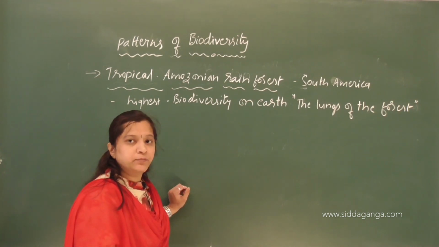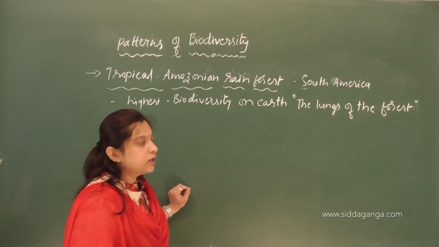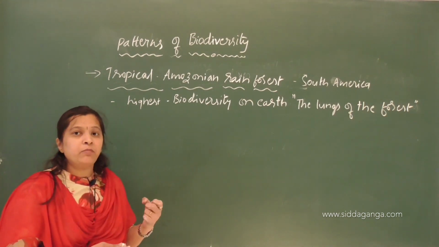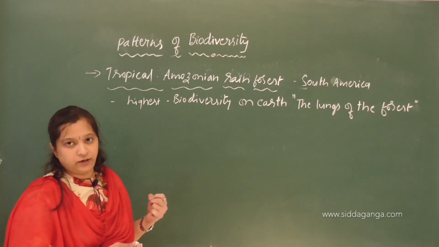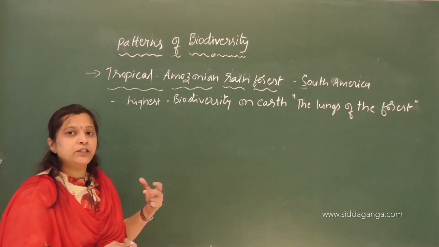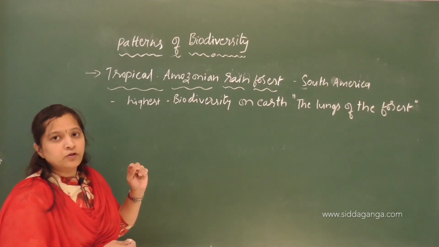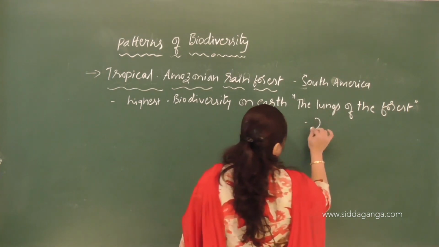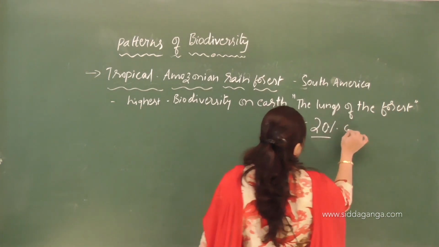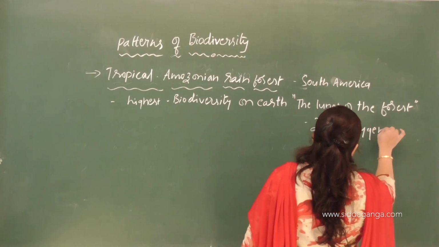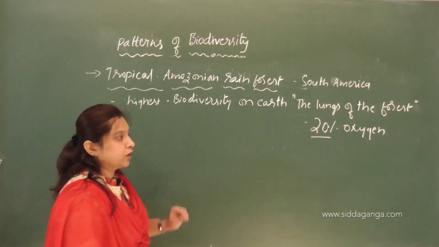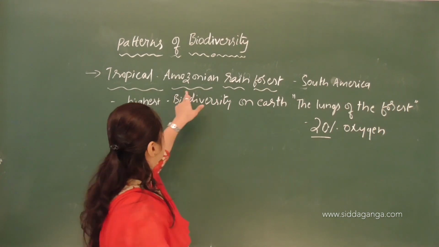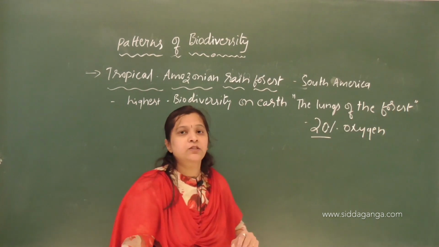The number of plant species is more in this forest, and maximum oxygen production occurs here. As the plant species are more in this area, about 20% of the earth's oxygen is coming from this Amazon rainforest. So that's why the Amazon rainforest is called the lungs of the forest.